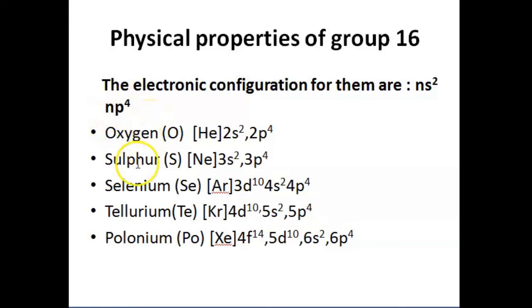For example, oxygen is helium 2s2 2p4, which becomes the general configuration of oxygen. Sulfur is neon 3s2 3p4. Selenium is argon 3d10 4s2 4p4. Similarly, we can do this for the other elements also.